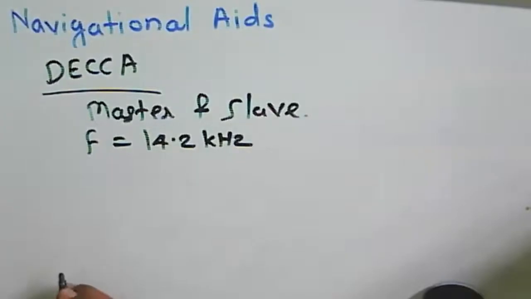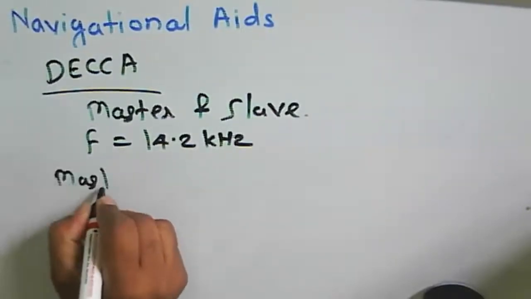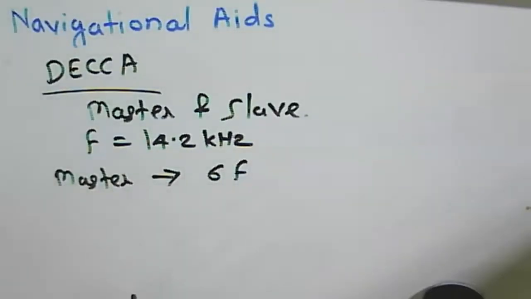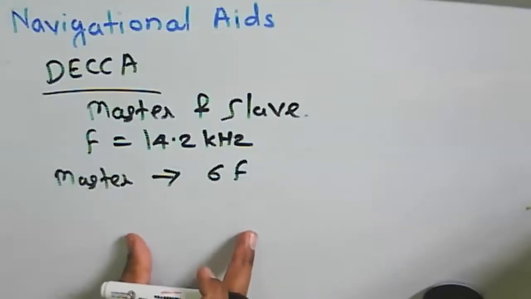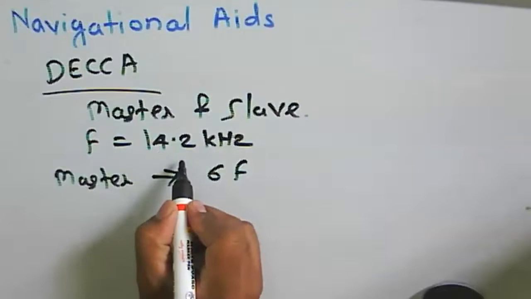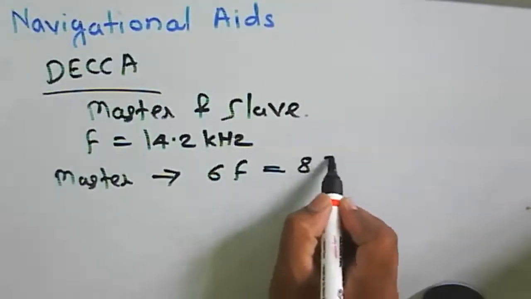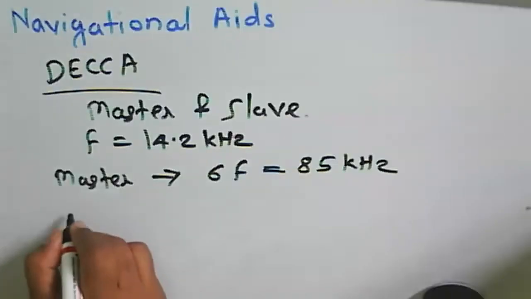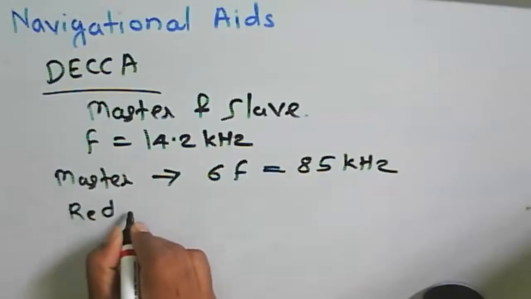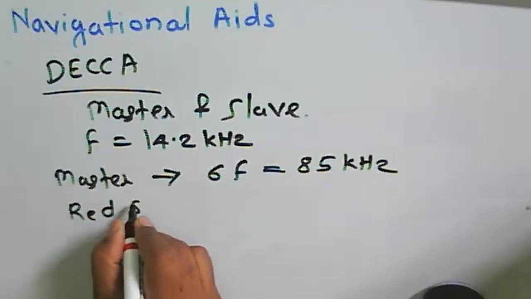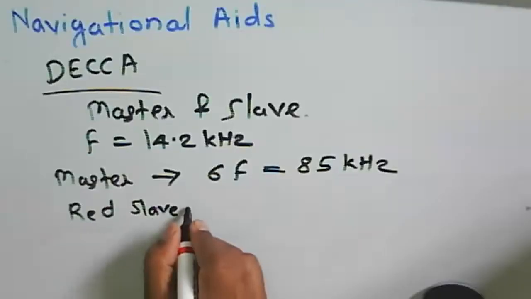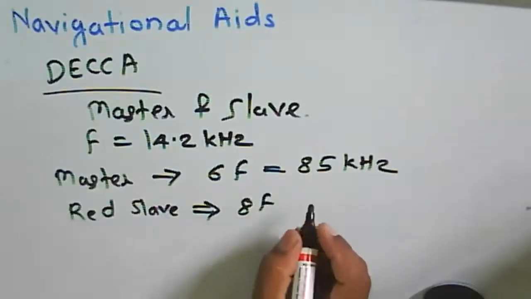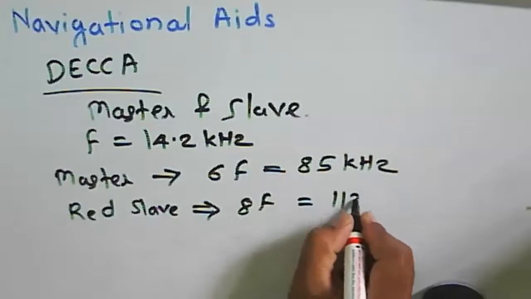The master station transmits a signal of 6F. In terms of the carrier wave, 6 times 14.2 kilohertz gives you about 85 kilohertz. The red slave station transmits a signal of 8F, in the band of 112 kilohertz.